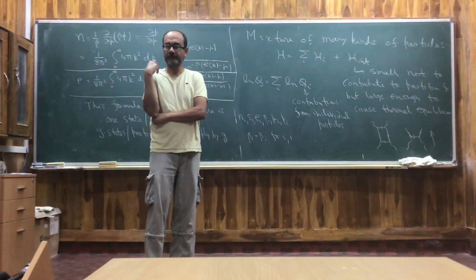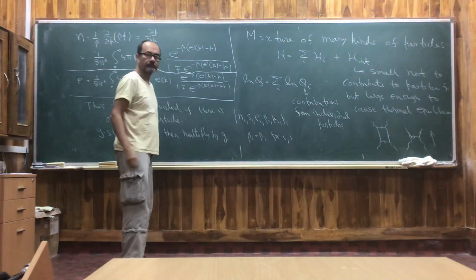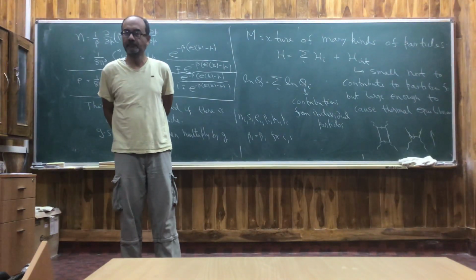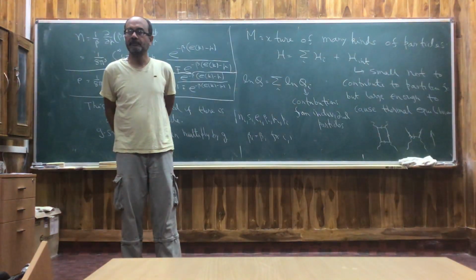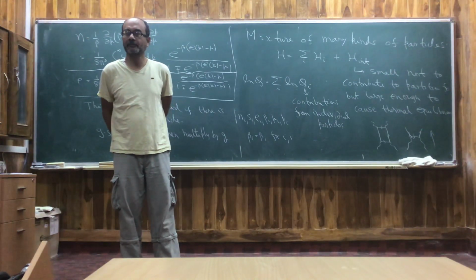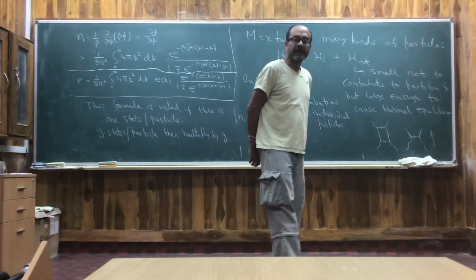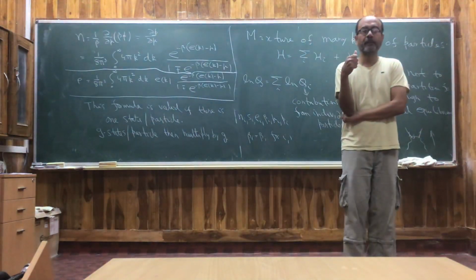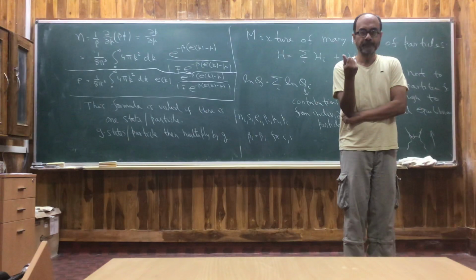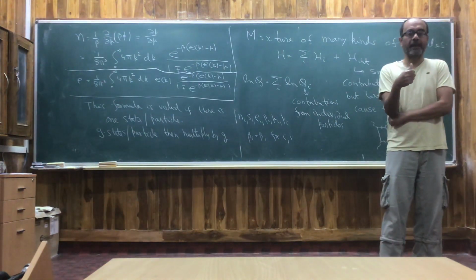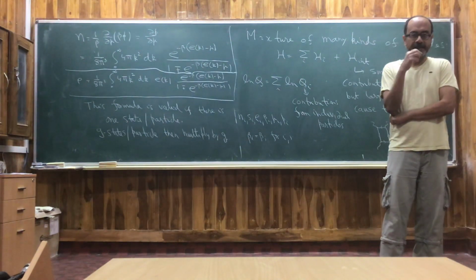Sir, as the universe expands, the temperature also falls. So at any time we can't say that the system is in equilibrium because the temperature is also changing. As I described last time, you have to decide whether thermal equilibrium is a good approximation or not. That is decided by asking whether the number of scatterings that particles have in one Hubble time is much larger than 1 or much smaller than 1.